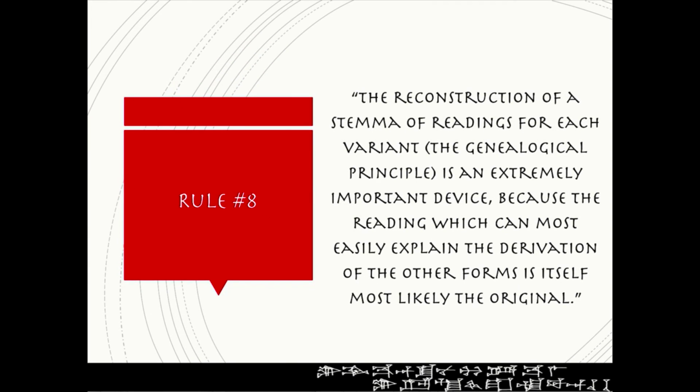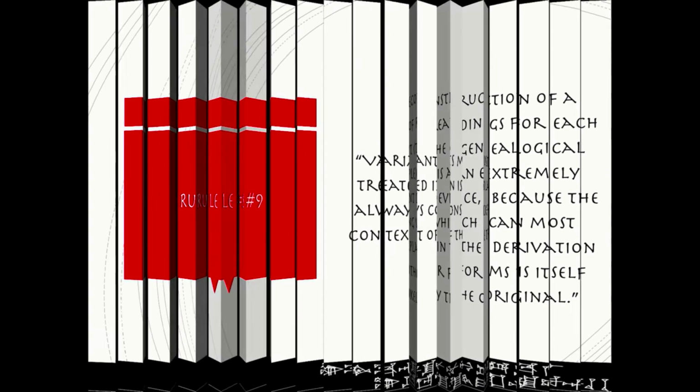Rule 8: The reconstruction of a stemma of readings for each variant, the genealogical principle, is an extremely important device because the reading which can most easily explain the derivation of the other forms is itself most likely the original. So again, you want to reconstruct these genealogical families so that you can identify which reading most likely led to the others.